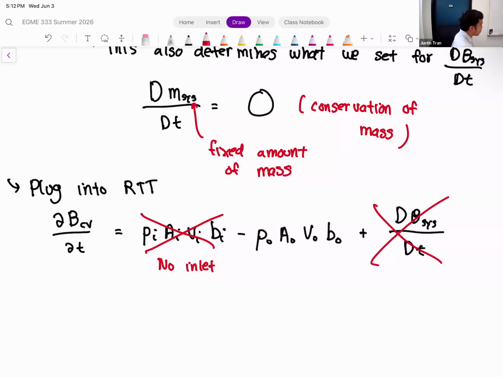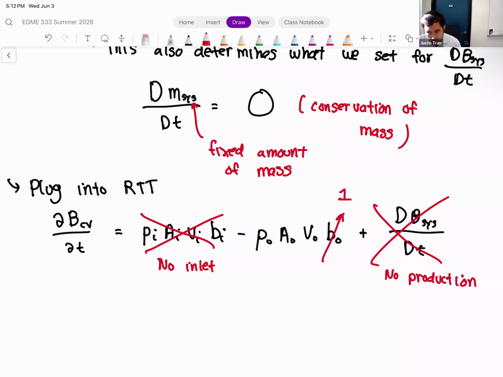We also know that there's no generation, because of conservation of mass and what we set our B quantity equal to. We also know, based on our definition for capital B, that little b here is just 1, and the mass per mass is just 1.